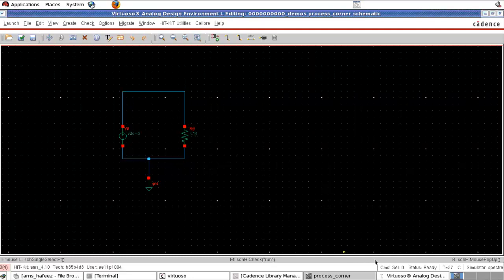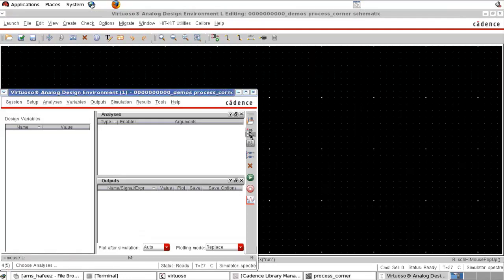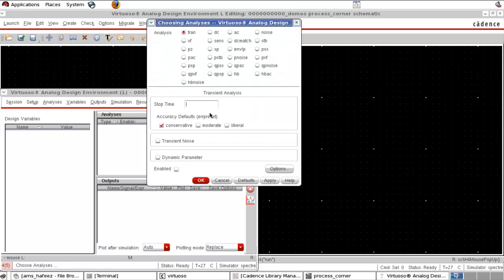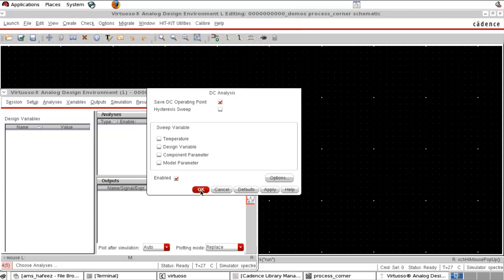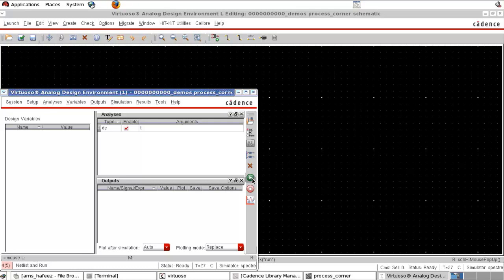Save the schematic, and I am just running a DC simulation to see how much current is flowing through that resistor because of that voltage source. I selected DC, save DC operating point. I'm not sweeping anything. Okay, save. Run the simulation.